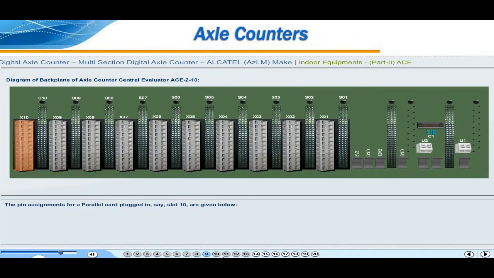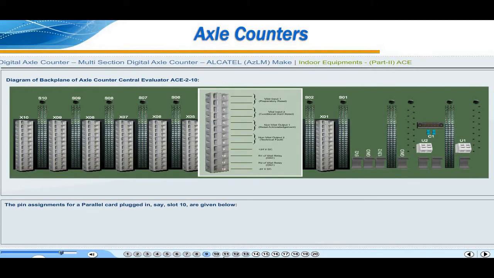The pin assignments for a parallel card plugged in, say slot 10, are given below. Connectors X10/1 and X10/2 are used for providing vital input 1 for preparatory reset. Connectors X10/3 and X10/4 are used for providing vital input 2 for conditional hard reset.